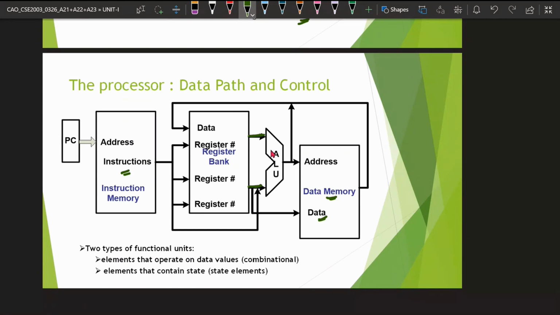The ALU will take the data from the registers and perform some operation. Once it performs the operation, it will store the result to the data memory, or it can use it again. If a particular instruction is to be fetched, then the address of that instruction is stored in the program counter, PC. That instruction will be fetched and decoded.